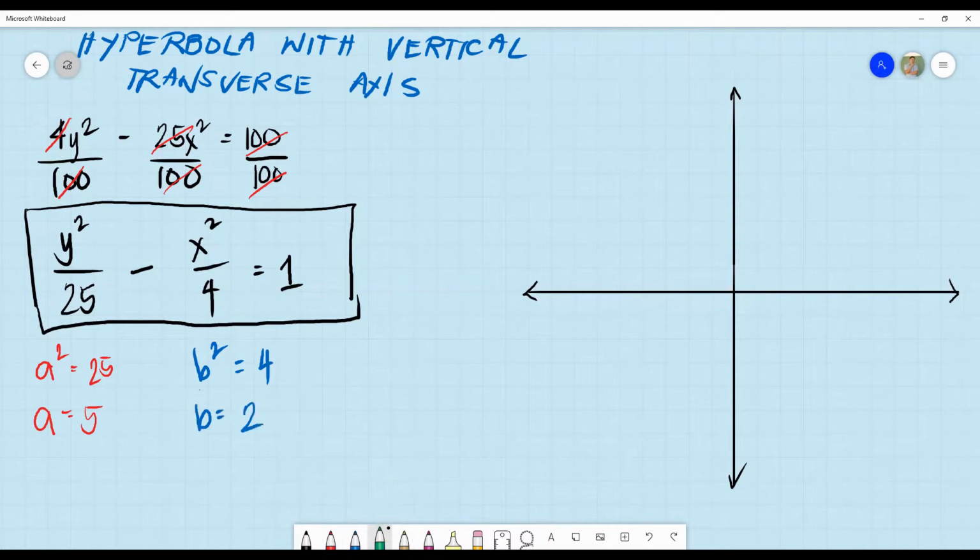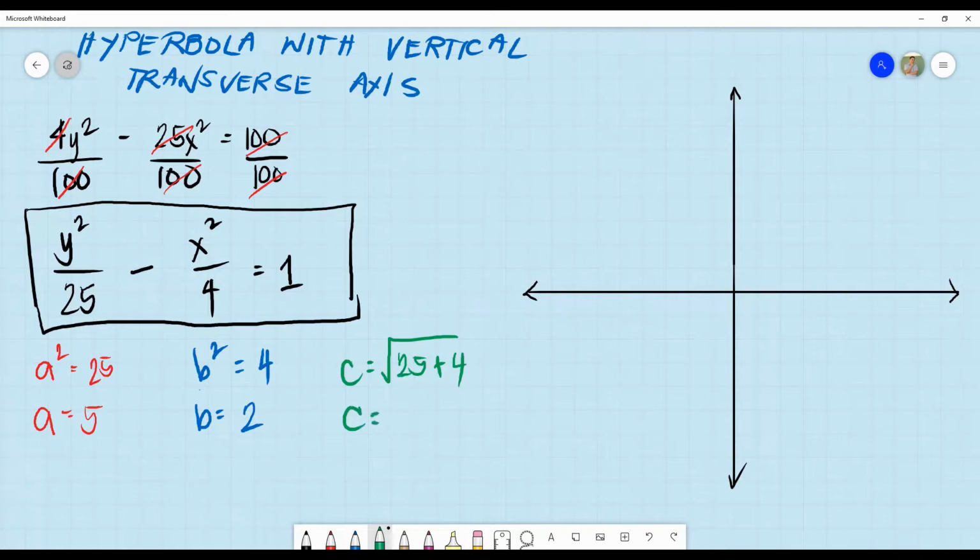Now for our c, we will just use the same formula, and that is c is equal to the square root of a squared, which is 25, plus b squared, 2 squared, which is 4.